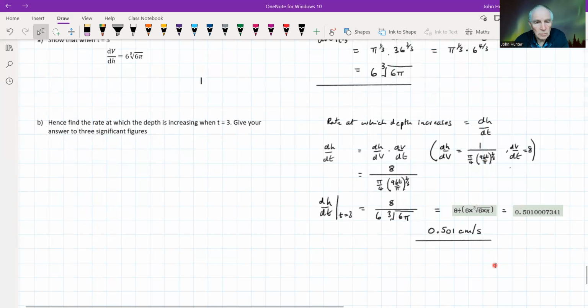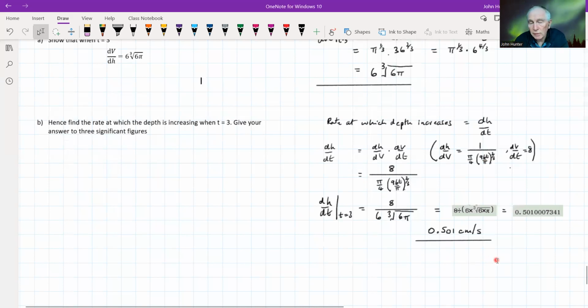If you get one of those in your A-level examination, then that's going to be as hard a problem, I think, as you're going to get at A-level, if I'm perfectly honest. But it can be done.